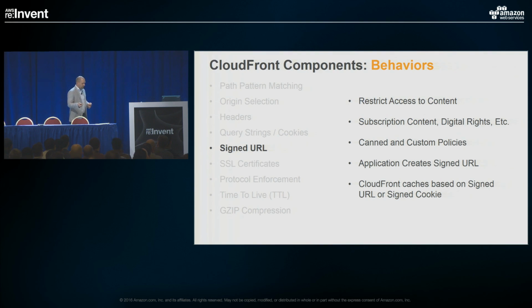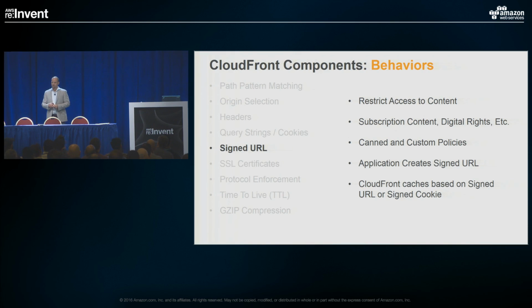What signed URLs end up doing is they restrict access to content to only users that have rights to that content, or that have subscribed to that content, or that you have digital rights to deliver that content for.